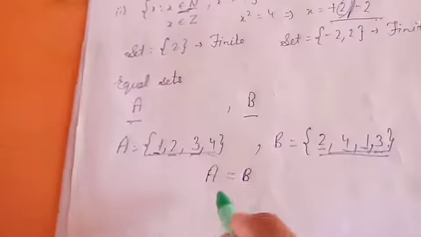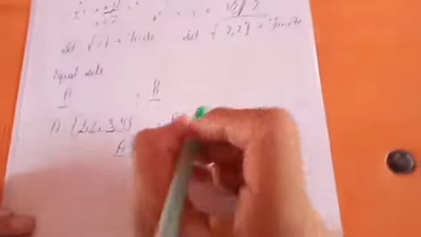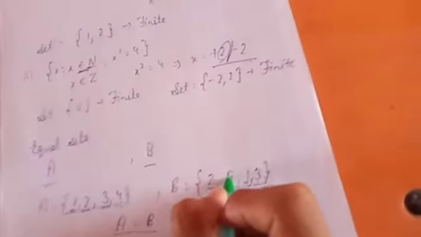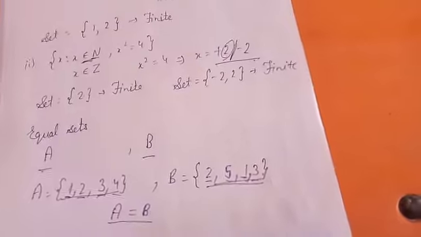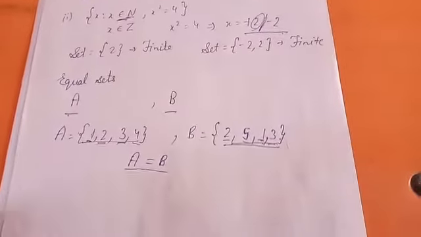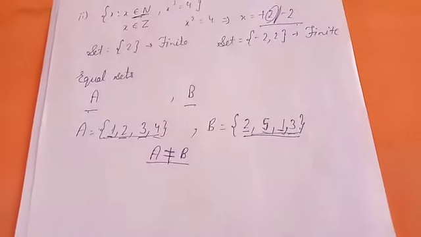And how do we write them? That A is equal to B. And if we assume that it has, say, 5 here in place of 4, now these two sets are not equal, so I will write them A is not equal to B. Okay.